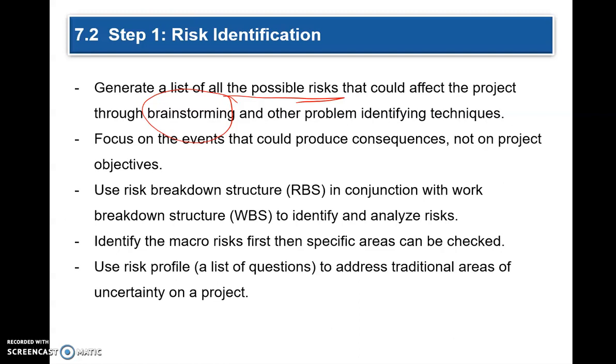And you can use a risk breakdown structure to identify and analyze risks. You need to understand which risks pose the maximum impact so that you can make contingency plans, avoid that risk, or try to mitigate those risks really well.